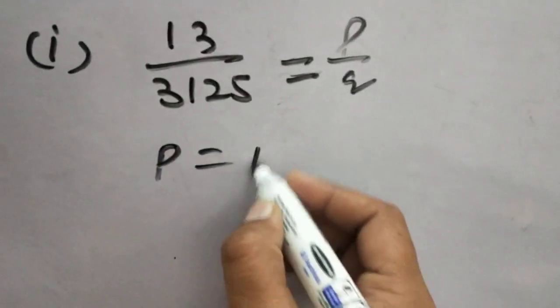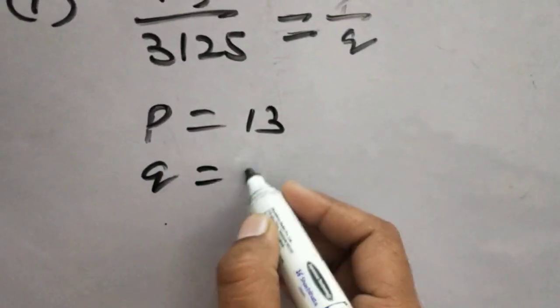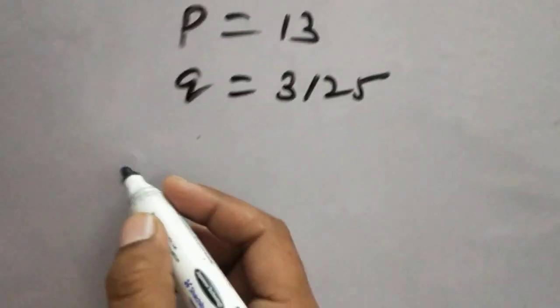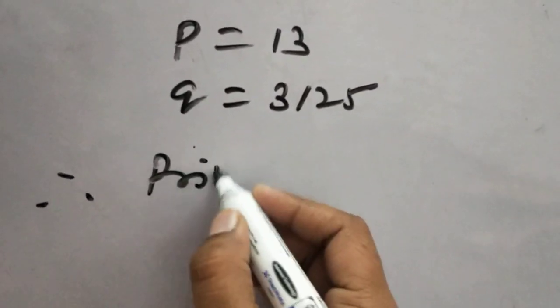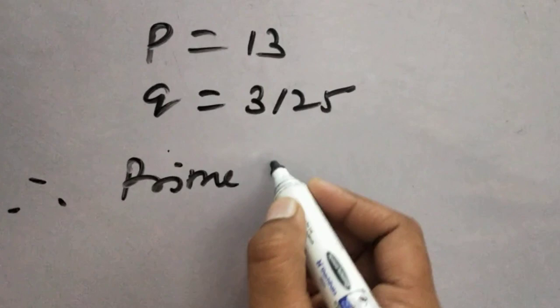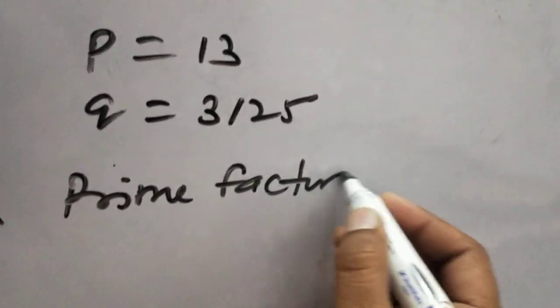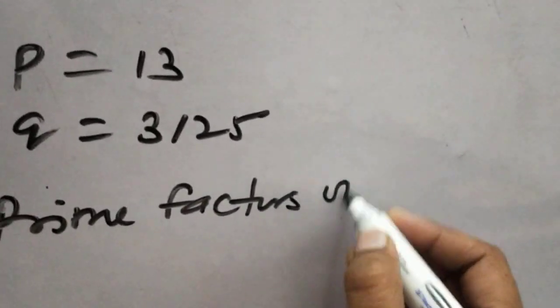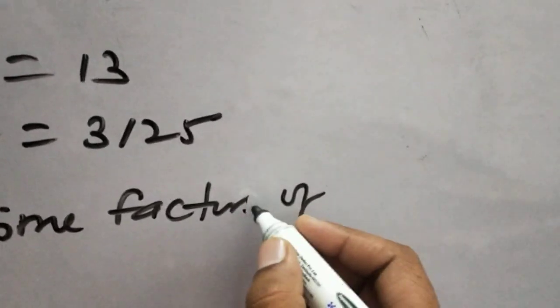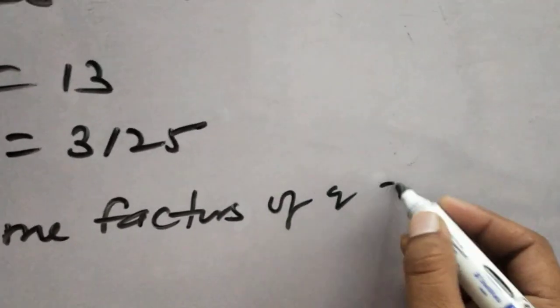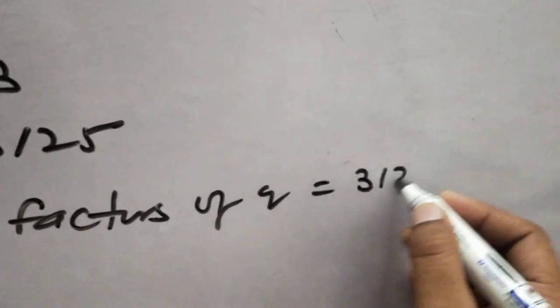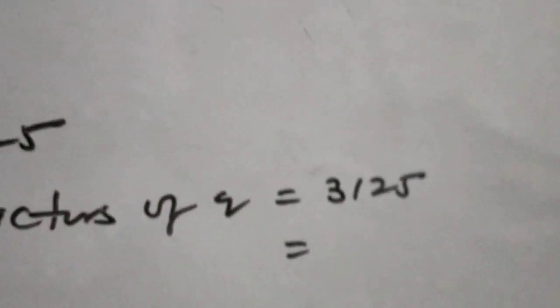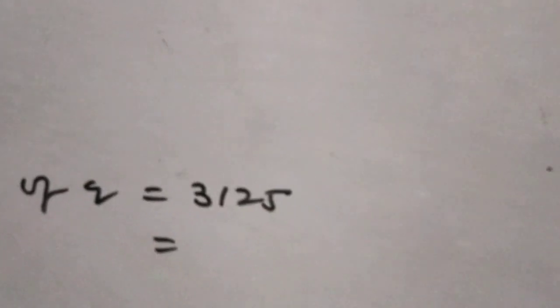Here p equals 13 and q equals 3125. So find the prime factors of q, 3125.